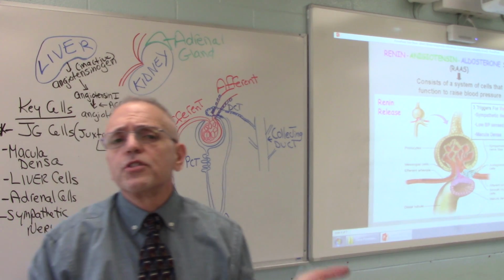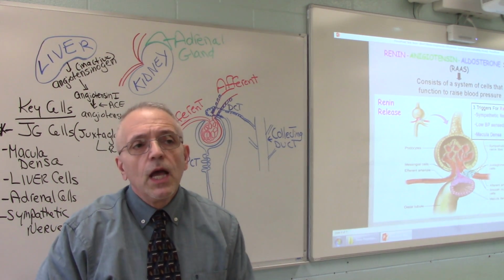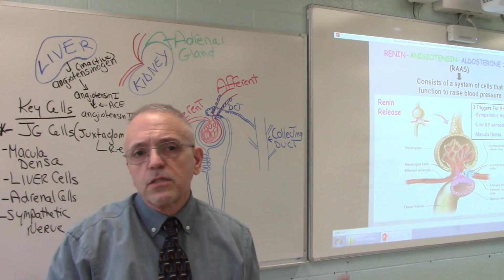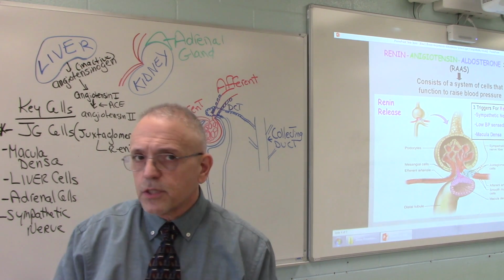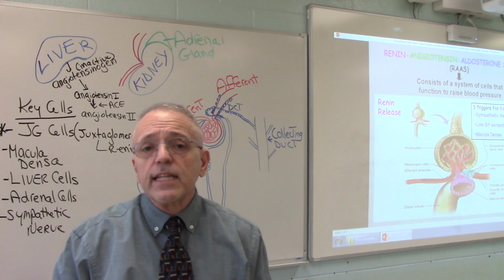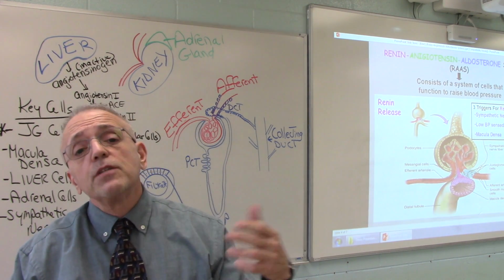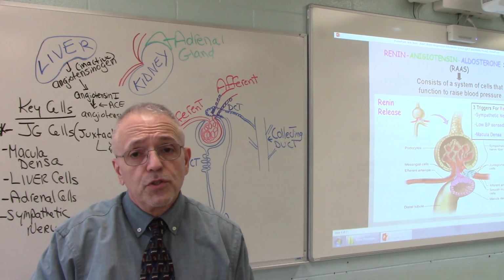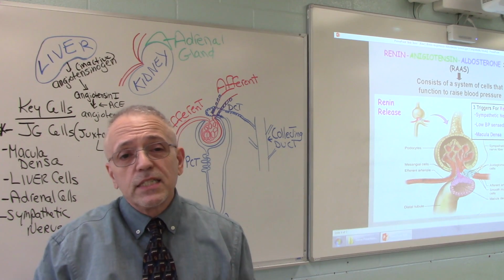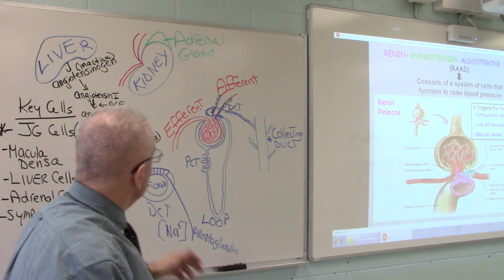And it used to be thought that these were only located in the lungs. In fact, some of the references you may come across say that ACE is released from cells in the lungs, and that's a lot of where it is released. But lately it's understood that there are endothelial cells elsewhere in the body that also produce angiotensin converting enzyme. So to be complete about it, it's really not accurate to say that it's only produced in the lungs.